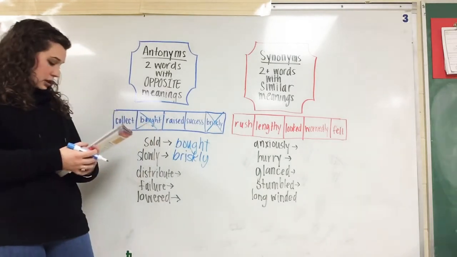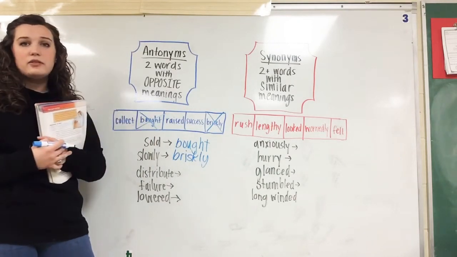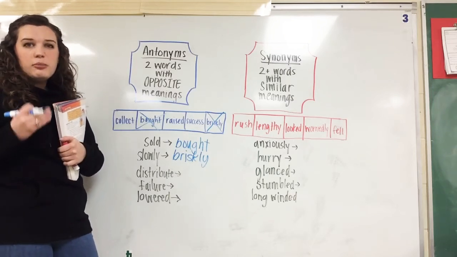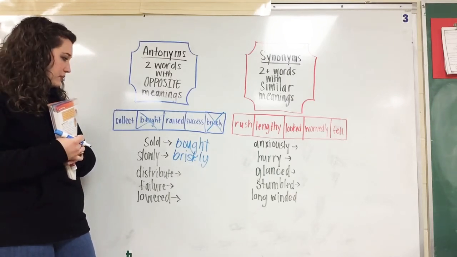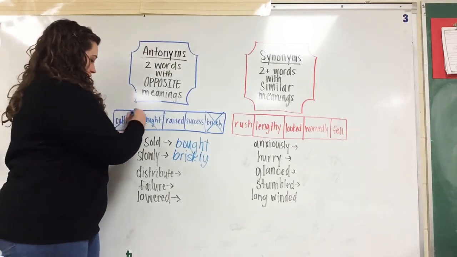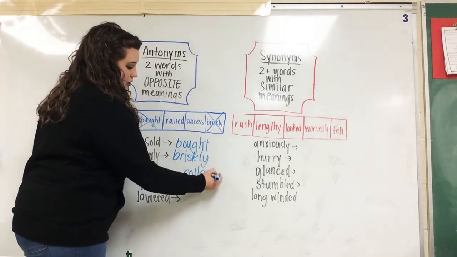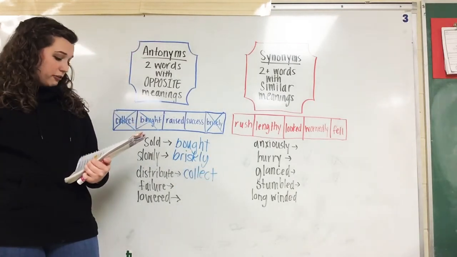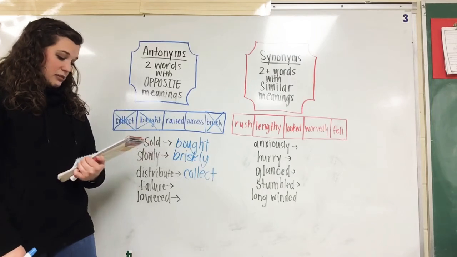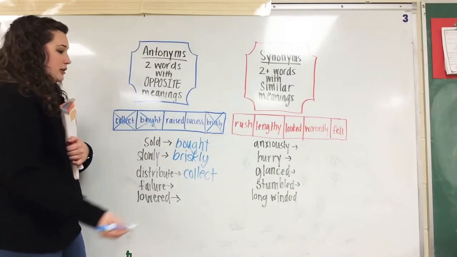Okay, number three. Beanie would go to the door and distribute the money. What's the opposite of distribute? Distribute means to pass out, okay? To pass things out to other people, to distribute. The opposite would be collect. The antonym would be collect, excuse me. Okay, number four. It was obvious the plan was going to be a failure. What is the antonym of failure or the opposite of failure?